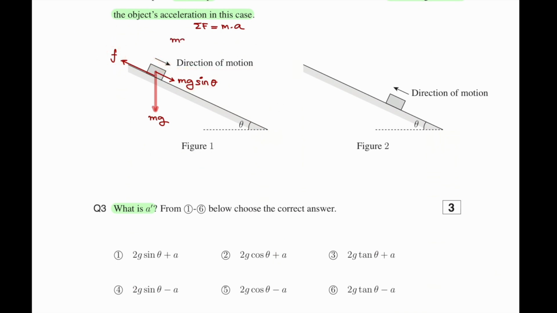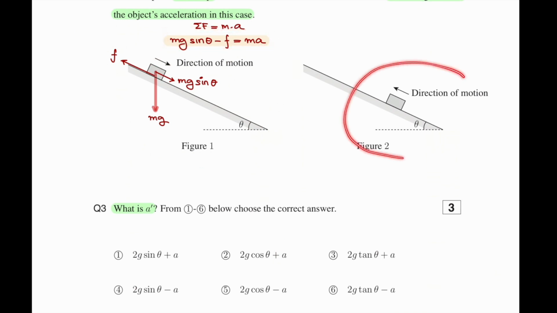So I have mg sin theta minus f equals m times a. Let's skip this equation first, I still do not know how to apply it.